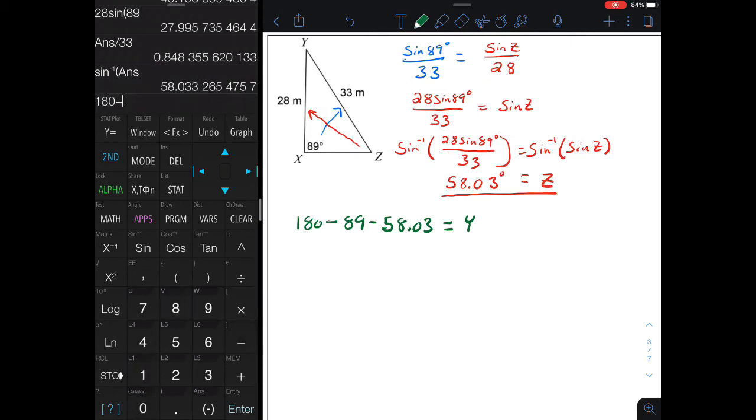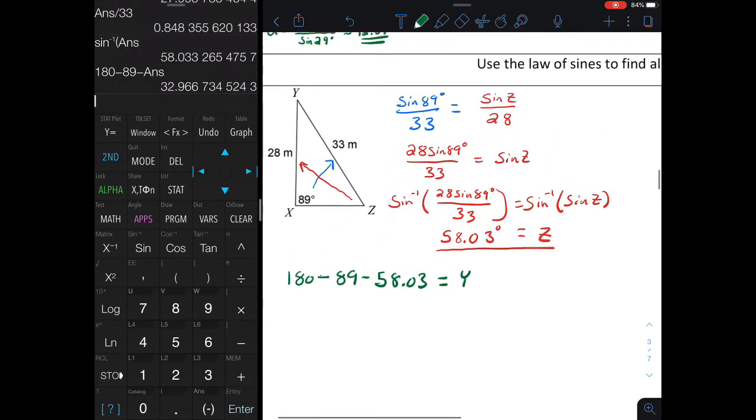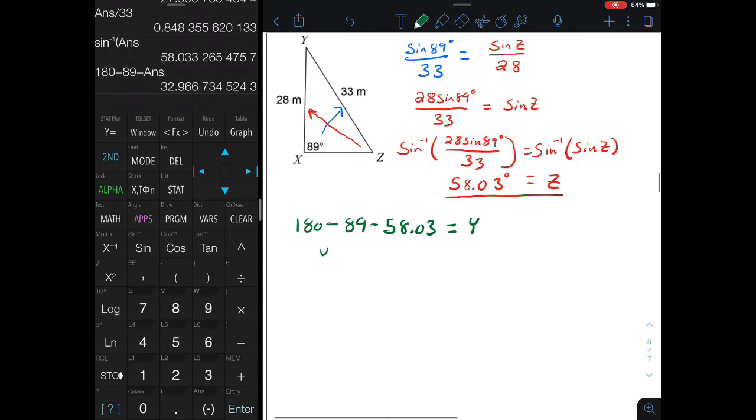So 180 minus 89 minus that whole decimal we got for Z. And we get, and I'm rounding here, angle Y is equal to 32.97 degrees.